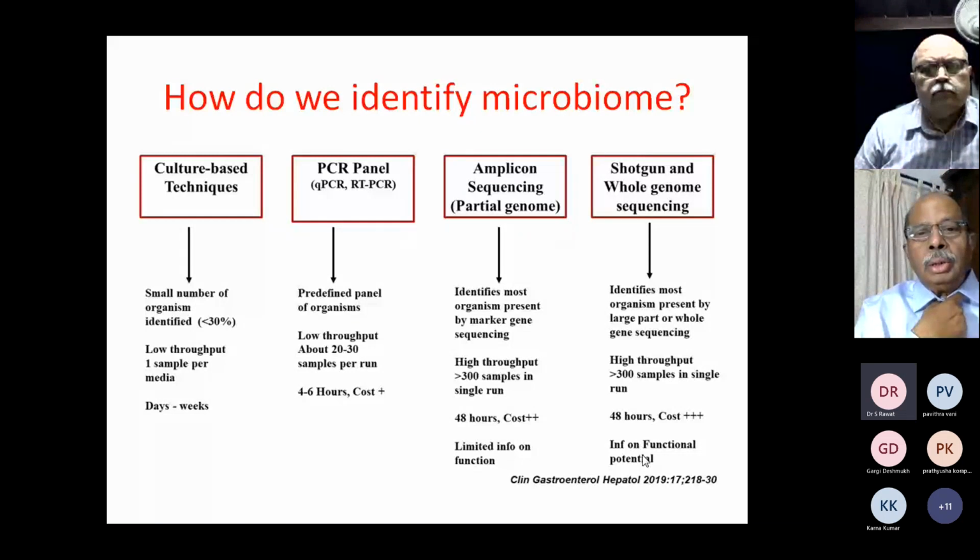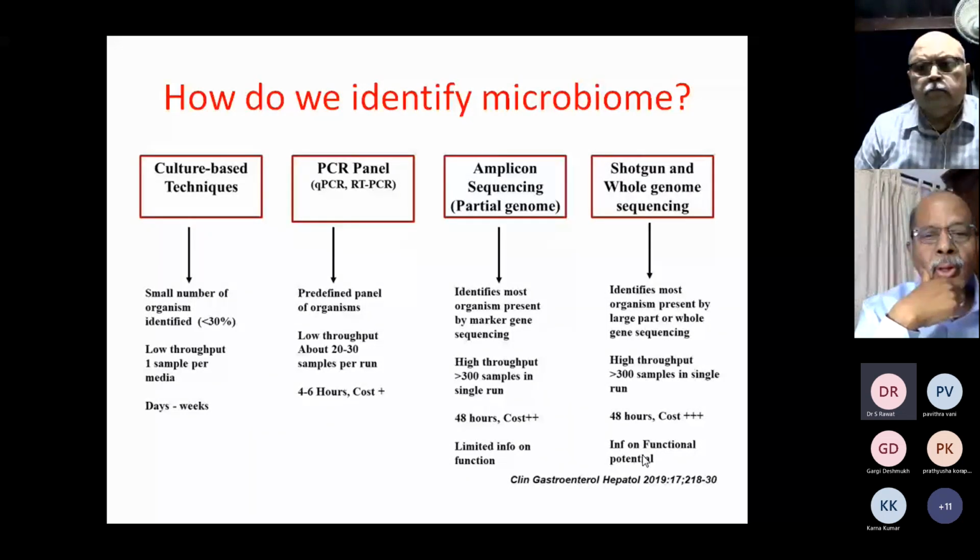Then we talk of the other improvement, that is the PCR panel. We can design various panels which target various genes in various organisms. So we can design a custom panel, but this panel can identify only the targeted species. Unknown species will not be identified, and although this is cheaper, it is a low-throughput method, and the time taken is also quite less.